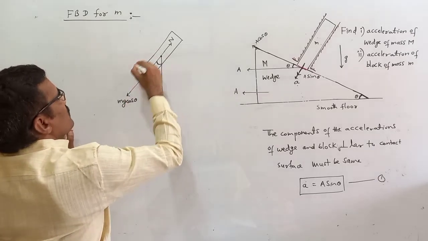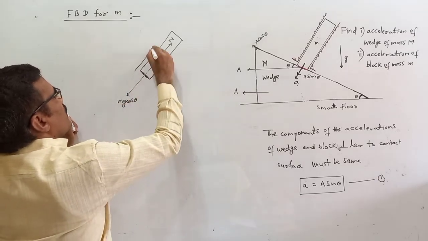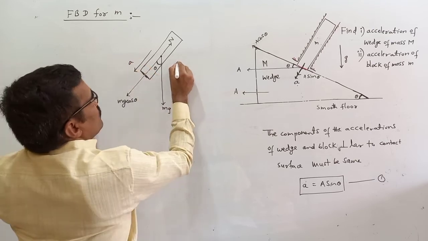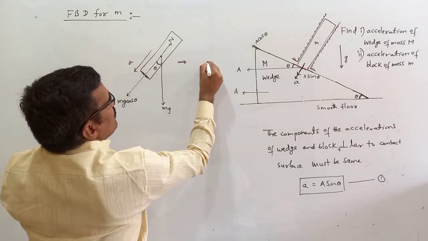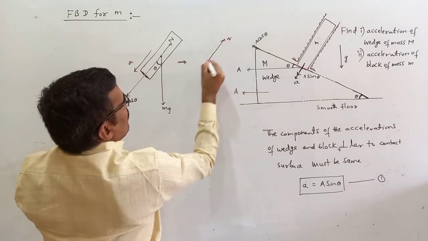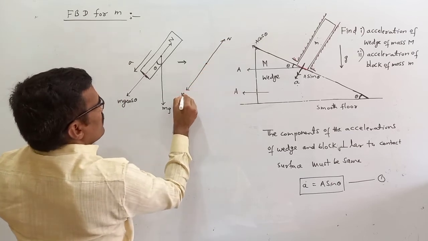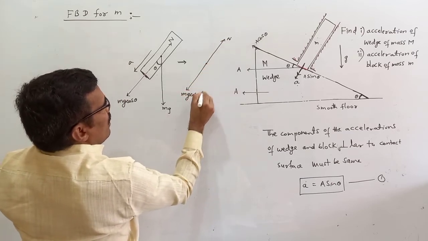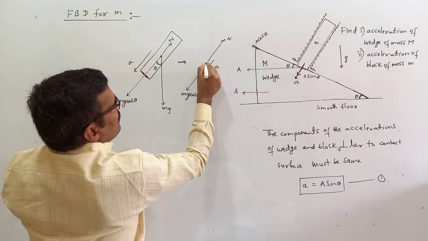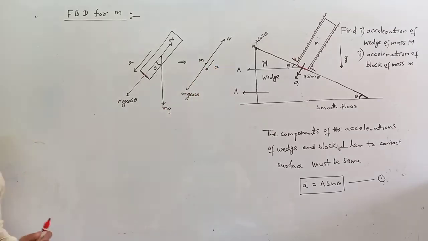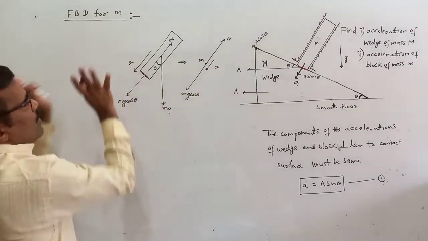The block moves along this side. Exactly this side is mg cos theta, and it moves along this side with acceleration small a. So this is the FBD for small m.